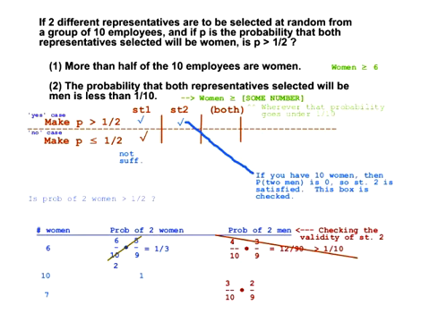That is 6 out of 90, which is less than 9 out of 90. So that's less than 1/10. So this is a check that statement 2 works. So now we can check the answer to the problem. The probability of 2 women is 7 out of 10 times 6 out of 9.